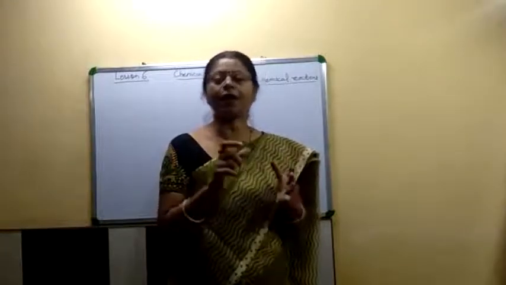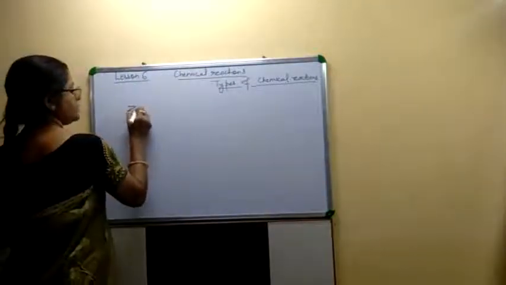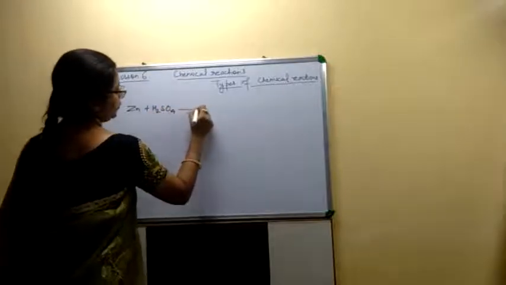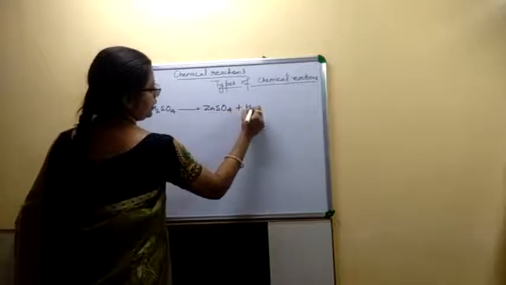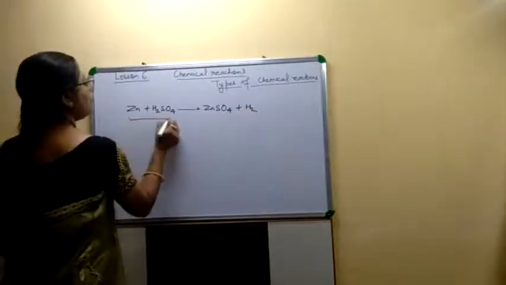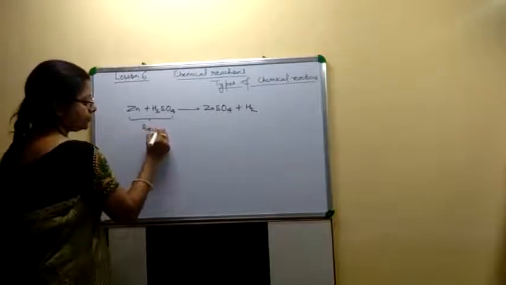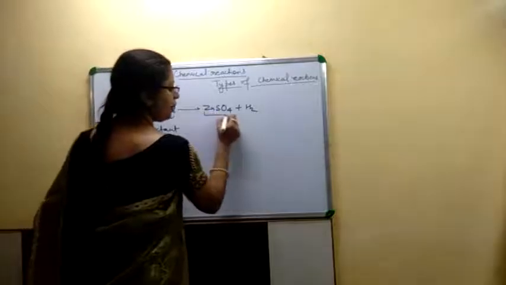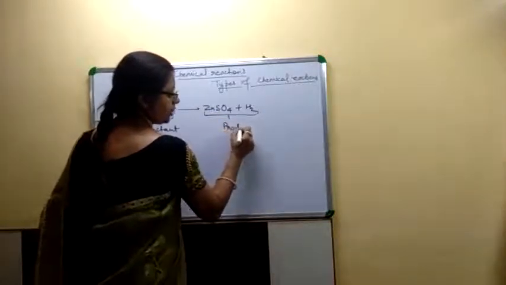Here zinc plus H2SO4 react together to form zinc sulfate and hydrogen. Here zinc and sulfuric acid are known as reactants, and zinc sulfate, which is formed after the reaction, and hydrogen are known as products.